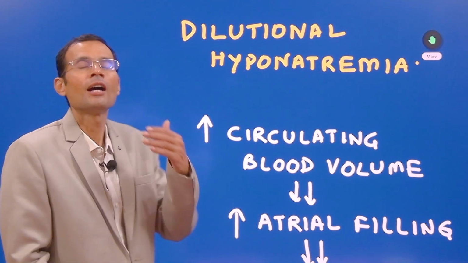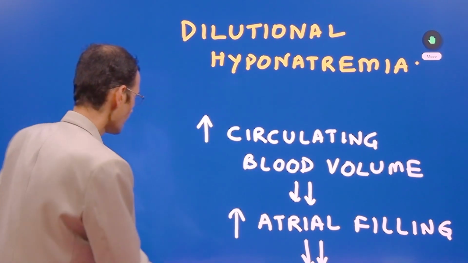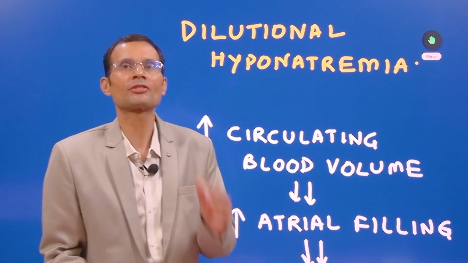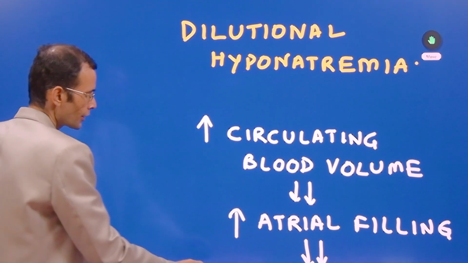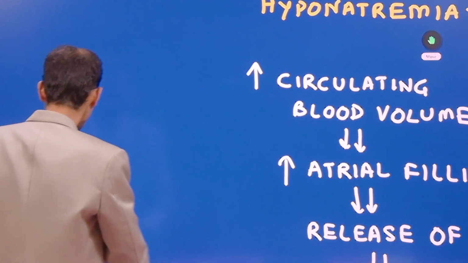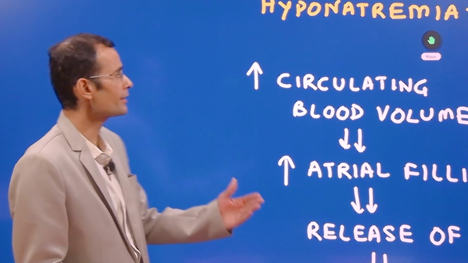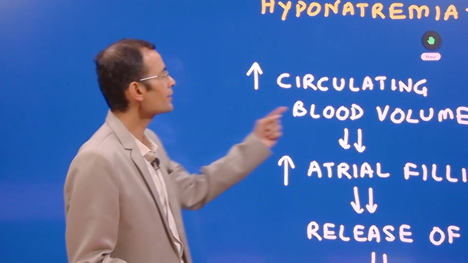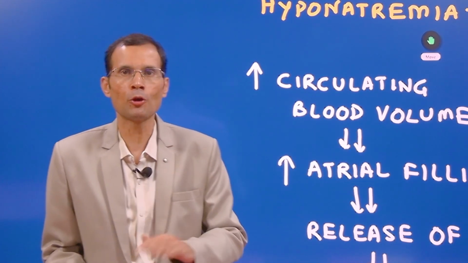Now what happens as a consequence of this? This you can write as a physio plus plus and it will fetch you extra marks. Dilutional hyponatremia, that's the starting point. We have already said that since water has been retained in the plasma, there is increased circulating blood volume.